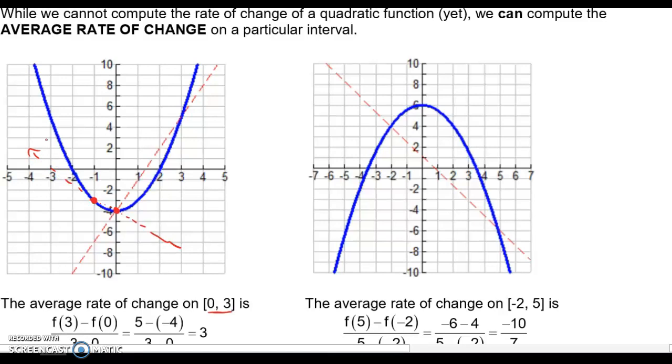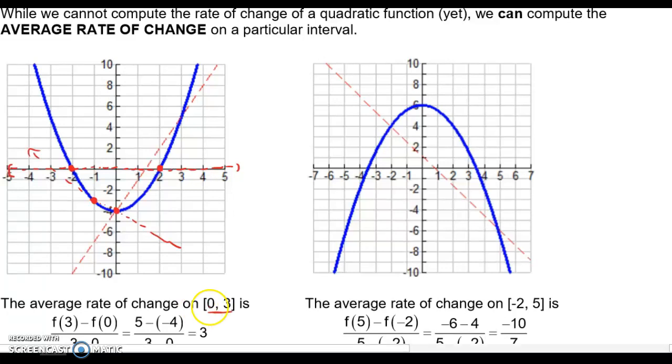It's different depending on the values I pick. We could even simplify it a little bit more and go pick the points at 2, 0, and at -2, 0, and hopefully you can see here that that line has a slope of 0. Again, a different rate of change based on whichever points we pick.